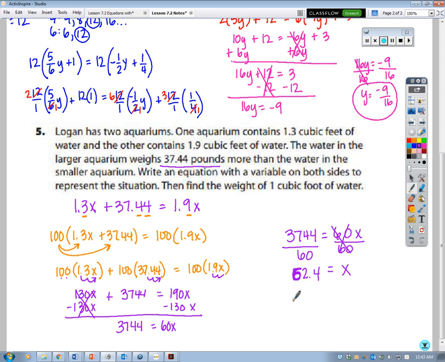So I would just write that out in a proper way since it is a word problem. 1 cubic foot of water weighs 62 and 4/10 pounds. And that would be my solution.